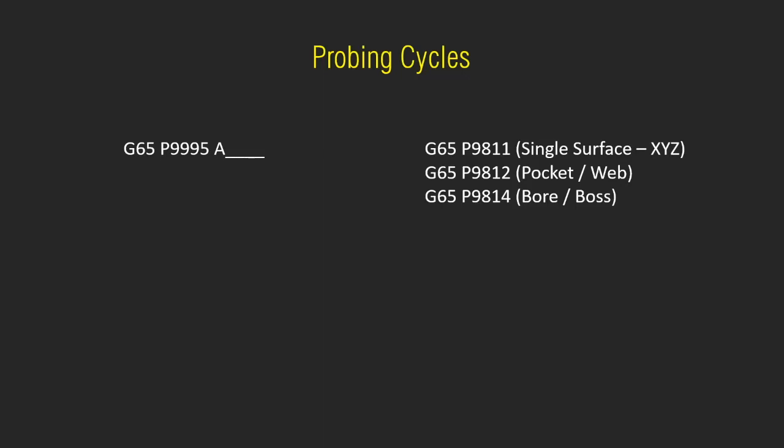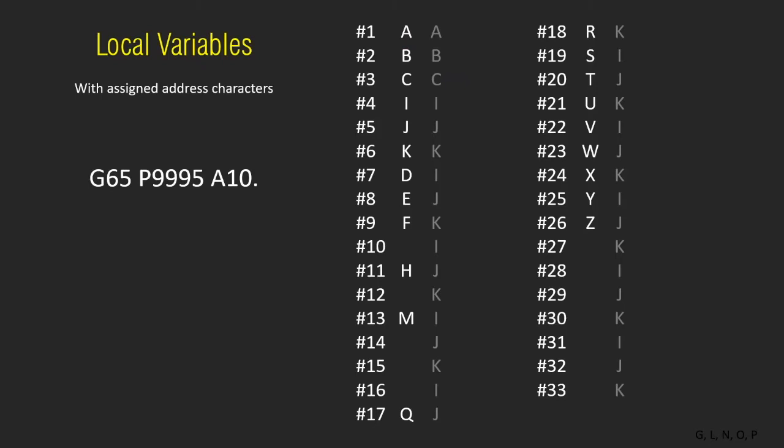And if we go on to the next one here, we look at the local variables. So when I say A10 in this case, when I run program 9995, right out of the box, as soon as it starts running, #1, which you see is associated with A, will be equal to 10.